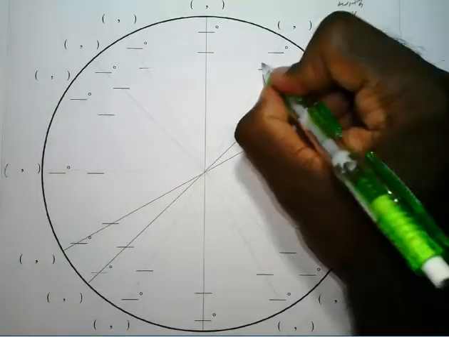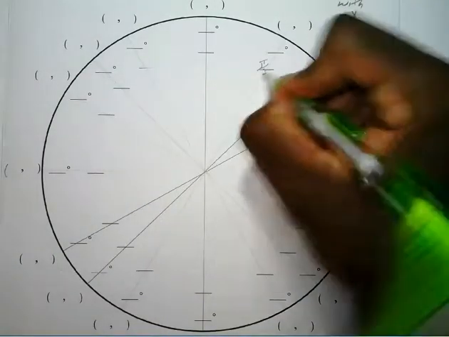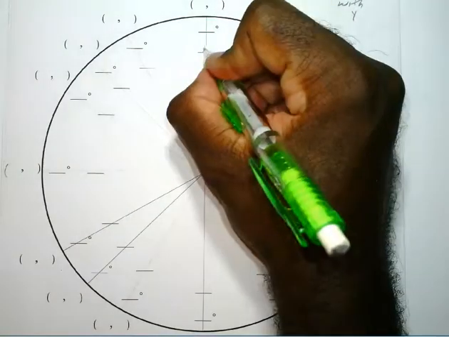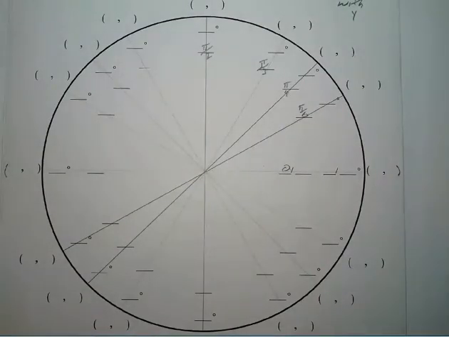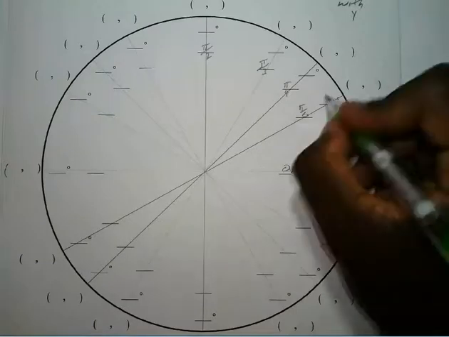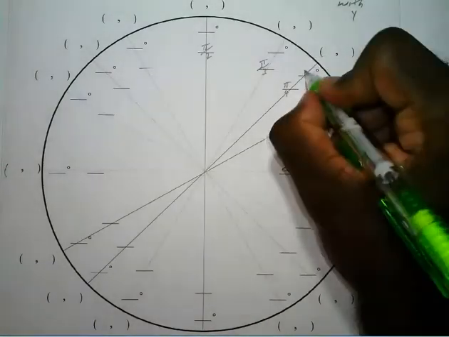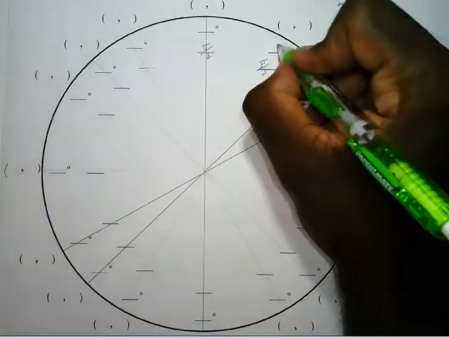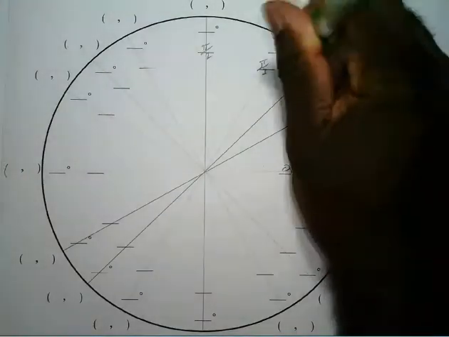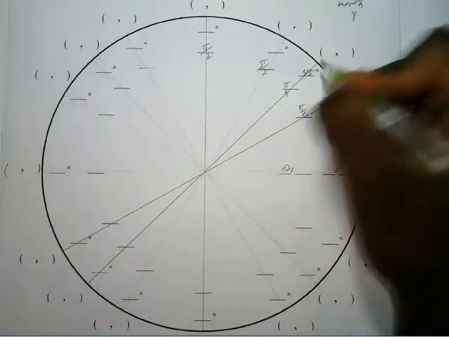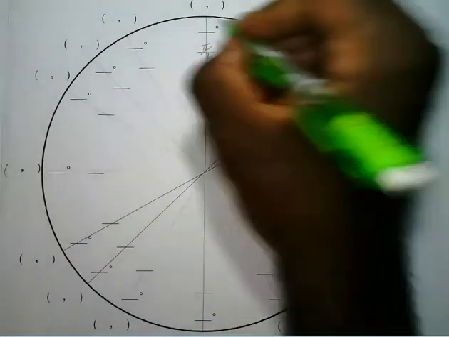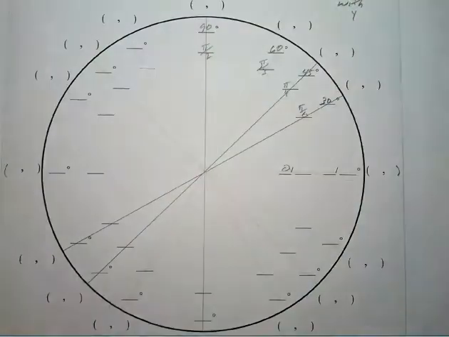Then you go up, this is your pi over 3. And this is your pi over 2. Or 30 degrees, 45 degrees, sorry about that, 60 degrees, and 90 degrees.